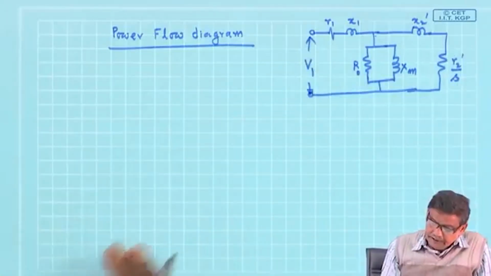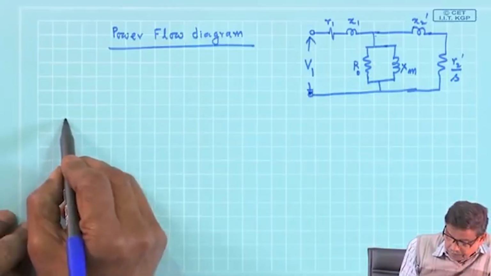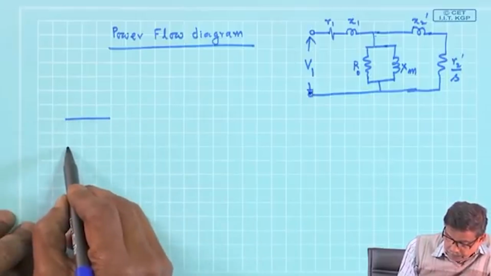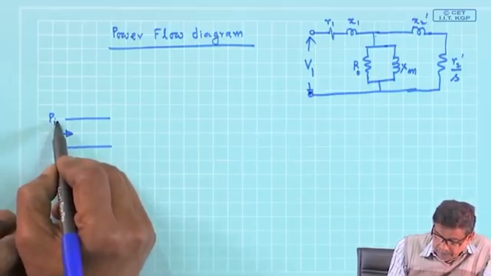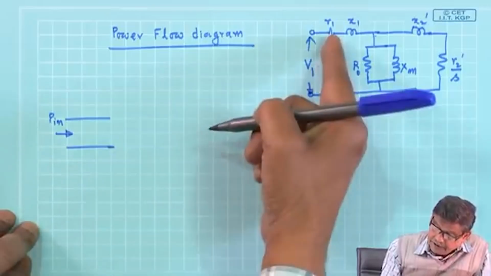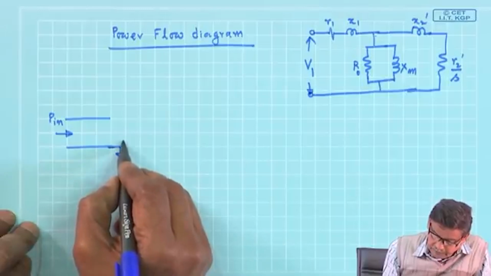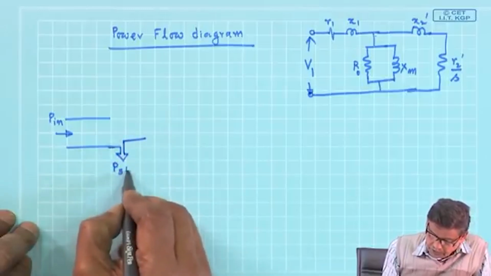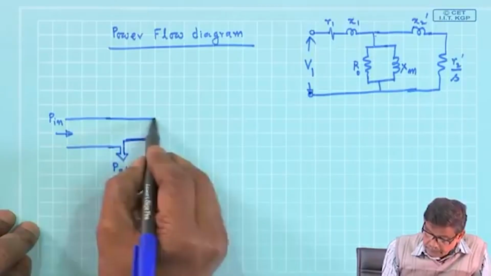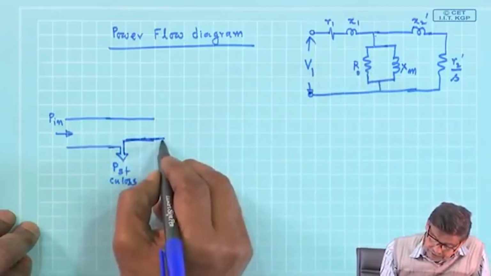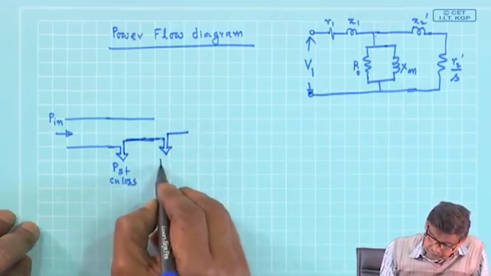Now, in this case, if I strictly go by this, I should draw the power flow diagram in this way. Suppose this is the power input, P in. First I find there is a stator copper loss. I will go on subtracting the losses. So, P stator copper loss. Then there is eddy current loss, P core loss.